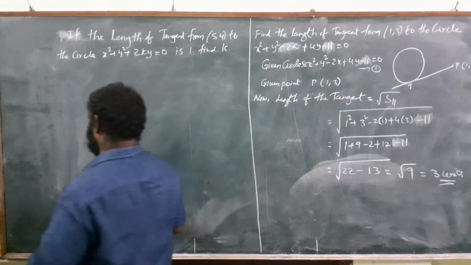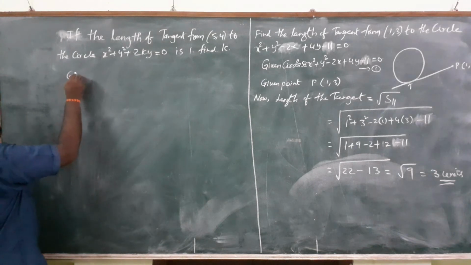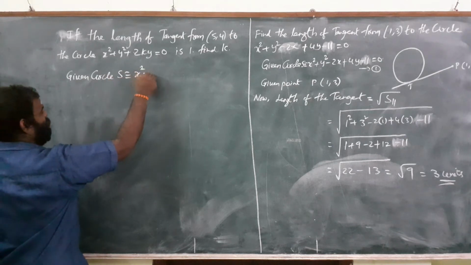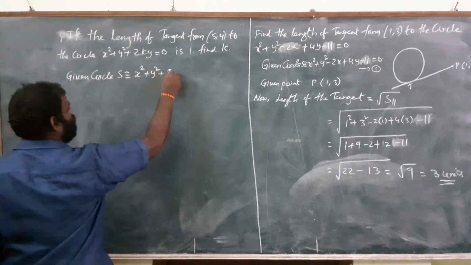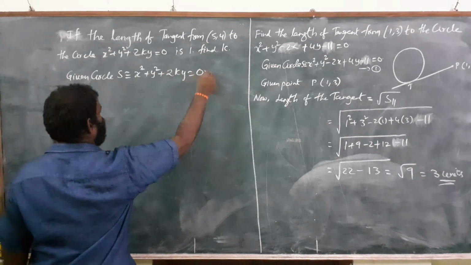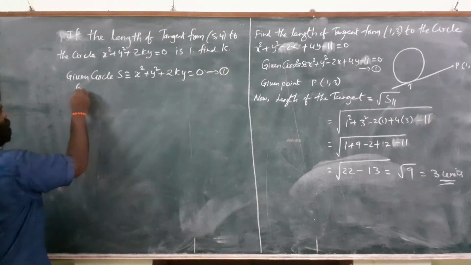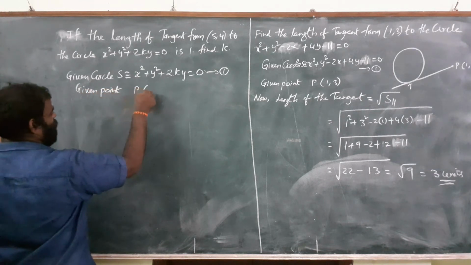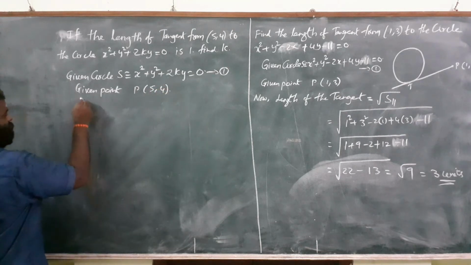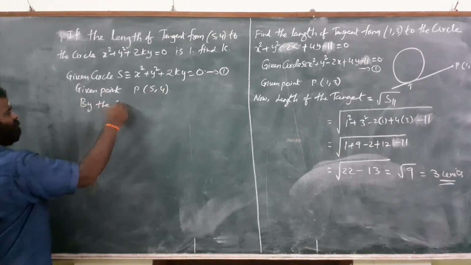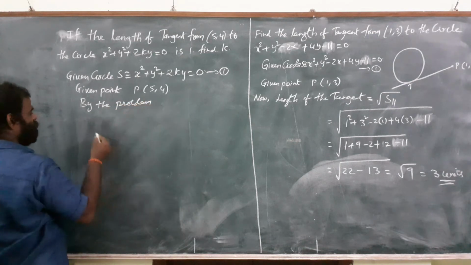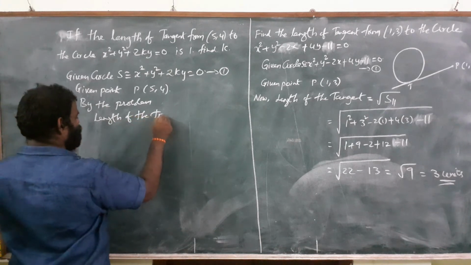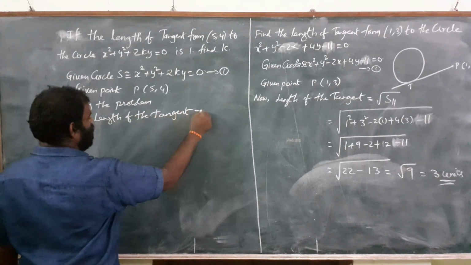So friends, see how to solve this problem. First of all, the given circle is S identical to x square plus y square plus 2ky equal to 0, first equation. And next, the given point is P(5, 4). By the problem, length of the tangent is equal to 1.